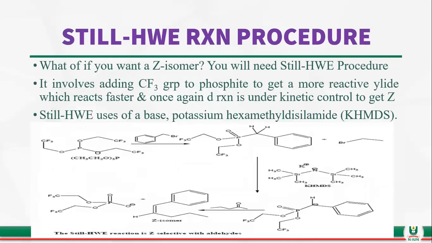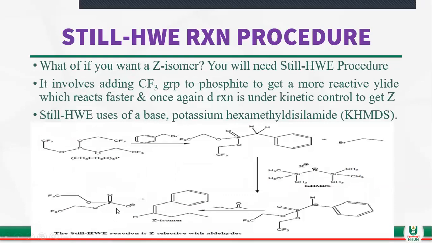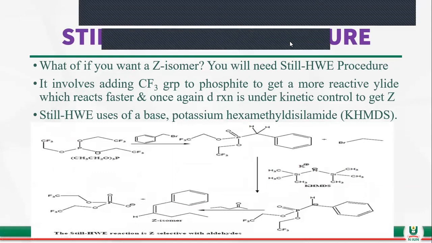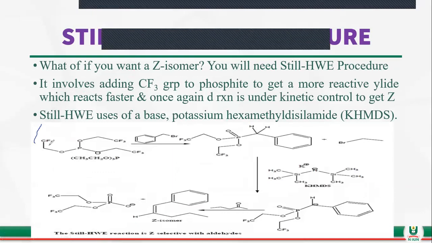It involved the addition of a trifluoromethyl group. You remember that fluorine has the highest electronegativity in the periodic table. So if three fluorines are added to one carbon, there is a cumulative electron-withdrawing power on that carbon. When you use the ester that has the trifluoromethyl group, you discover the reactivity has been completely enhanced.